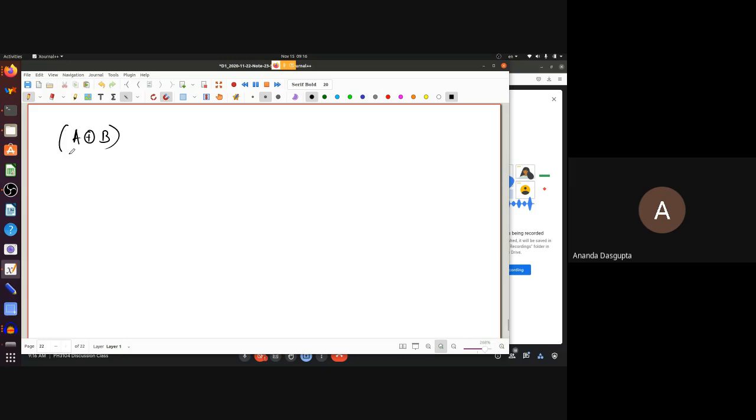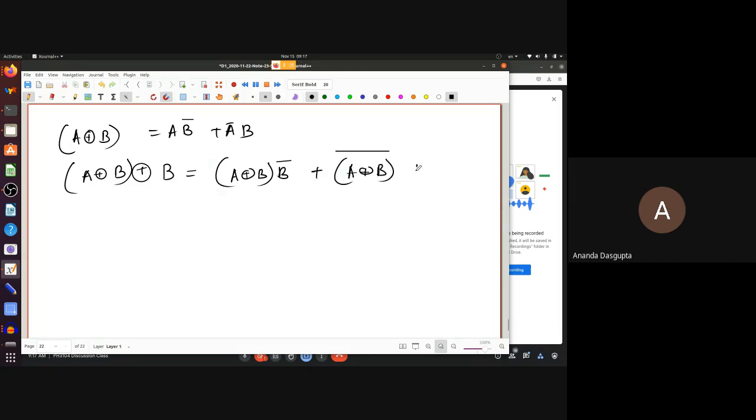So this is A XOR B, which is AB bar plus A bar B. Now if you did it twice like this, it's really A XOR B times B bar plus A XOR B's complement times B. And you can carry out the whole calculation. This is AB bar plus A bar B, times B bar.